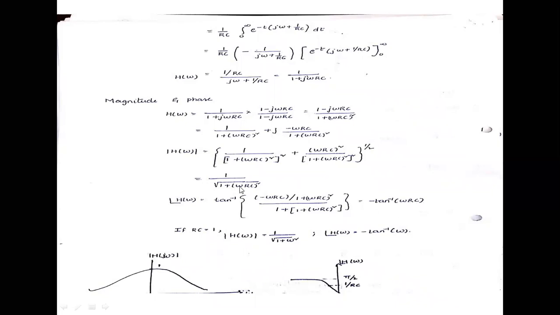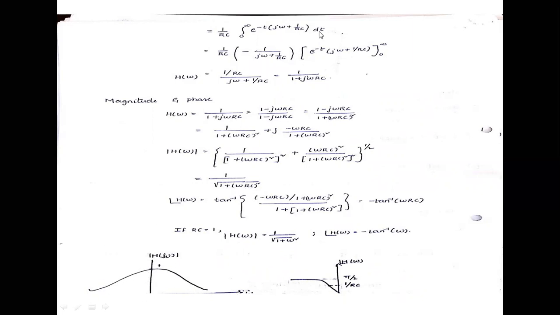Okay. When we take omega equal to 0, the second term is 0, so it is 1 by 1. The magnitude is 1 here. Omega equal to infinity, 1 by infinity is 0. You see the 0, slowly it decreases. And similarly, omega equal to minus infinity, it also slowly decreases.